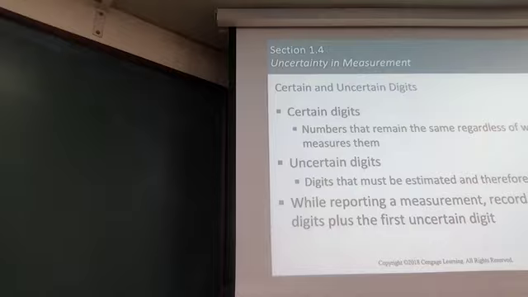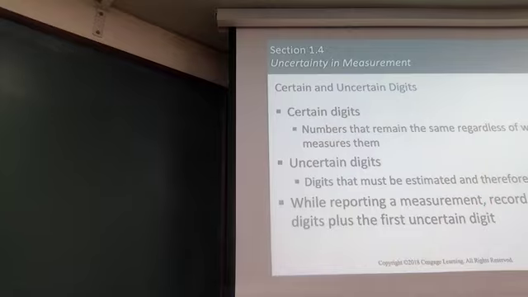That's a very important point, because eventually we will combine different measurements together, and then the question is what measurement actually limits the accuracy of the final number that we have? For this, you have to think about certain digits versus uncertain digits.